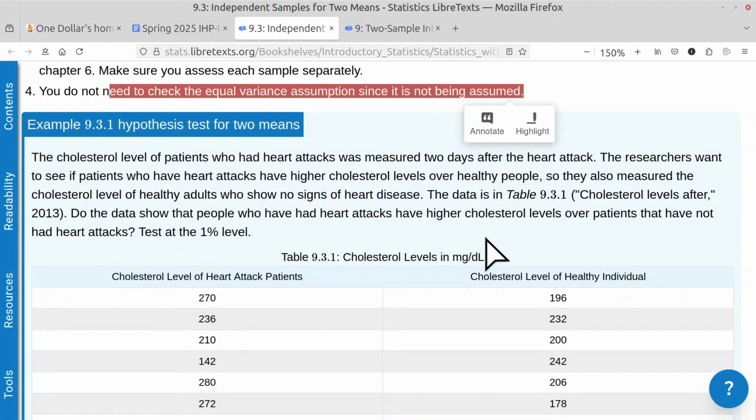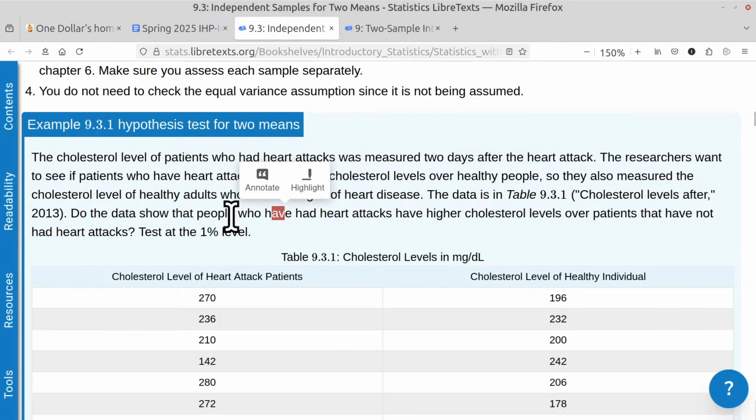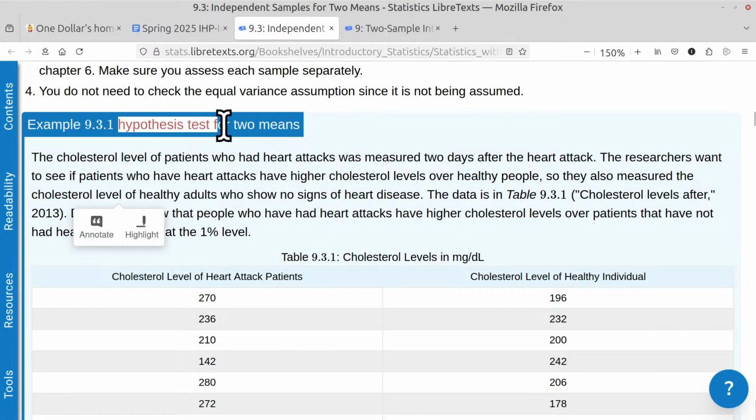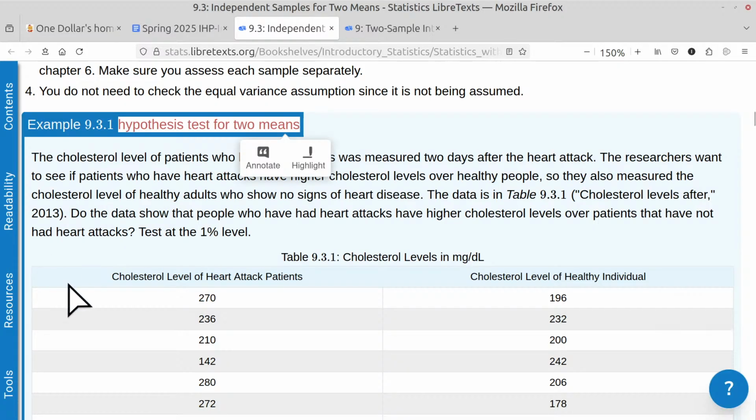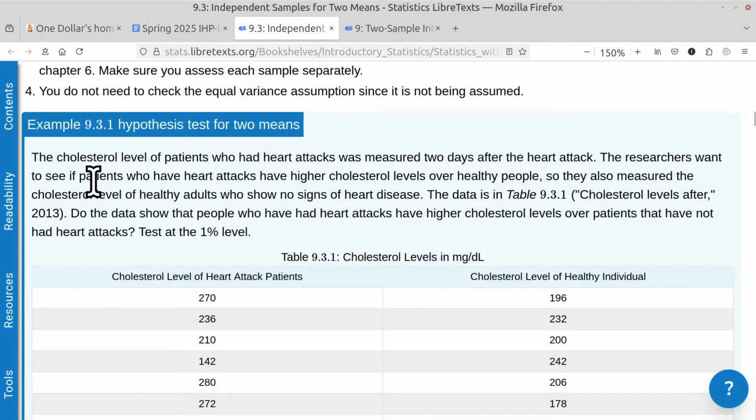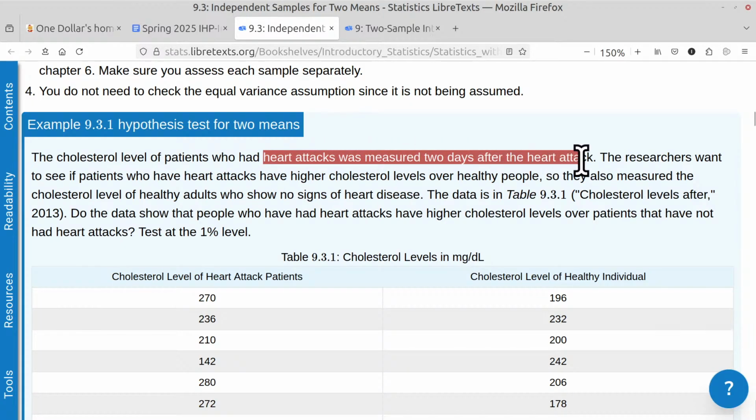Okay, let's check the question. After we practice the question, it will be easier to understand this. Example 9.3.1, hypothesis test for two means. The cholesterol level of patients who had a heart attack was measured 2 days after the heart attack.